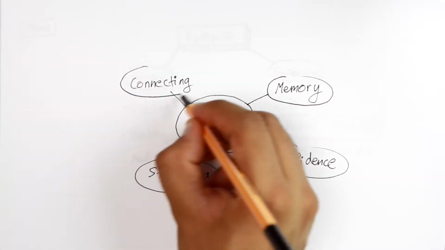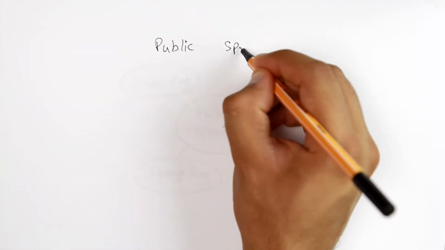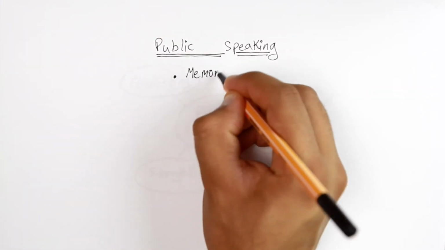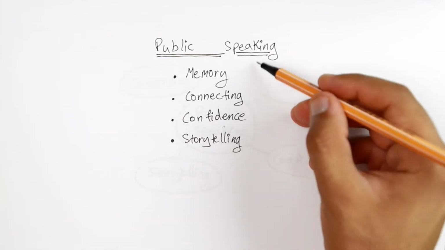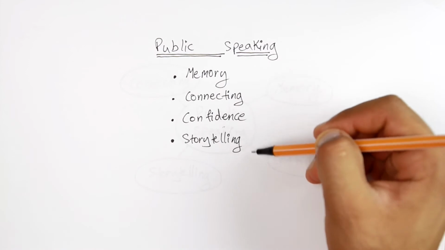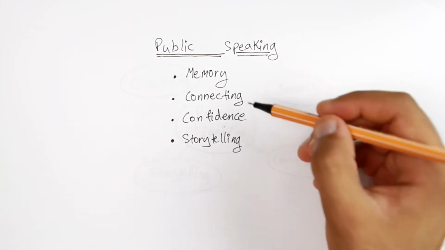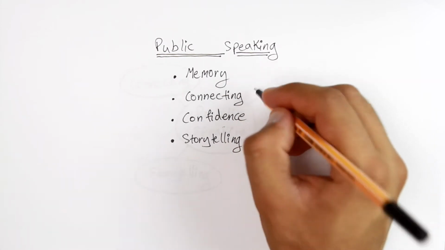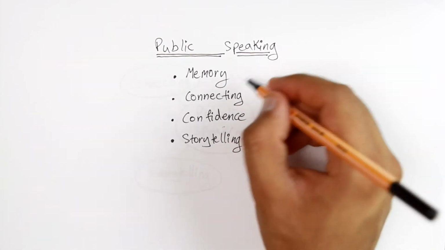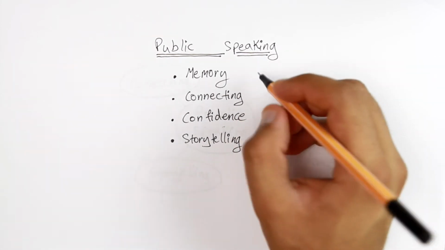If you don't like mind maps, you might have a list format. And once you have your list down, you can now rate them depending on what you're most passionate about, but also what your audience wants to listen to. So I might be passionate about memory.